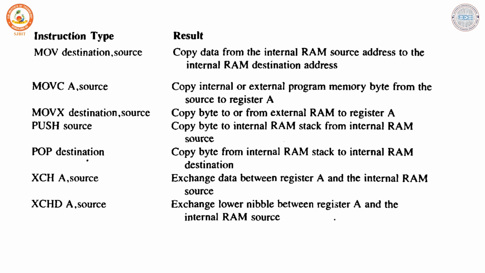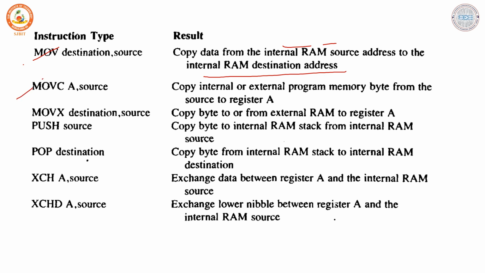And this is a generalized summary of the instruction types we have seen so far. For data transfer instructions, we have MOV destination comma source, where it copies the data from the internal RAM source address to the internal RAM destination address.